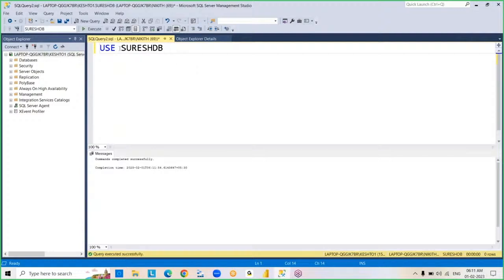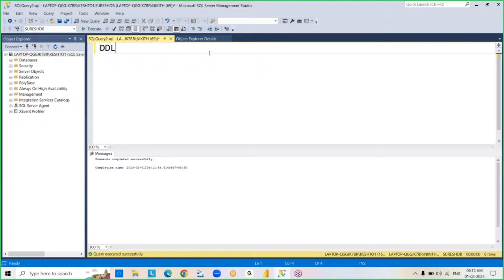Execute. For execution purpose, we are using this execute button. Now we connected to the database. Then we have to work with remaining things.